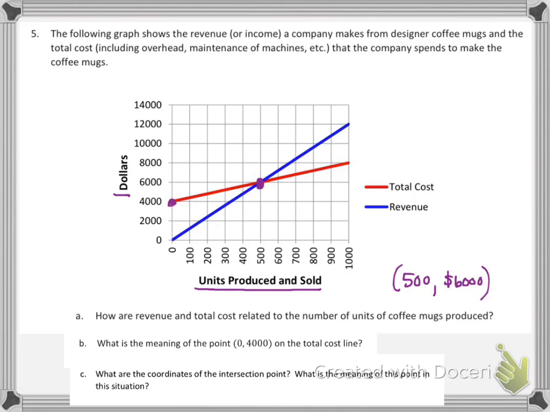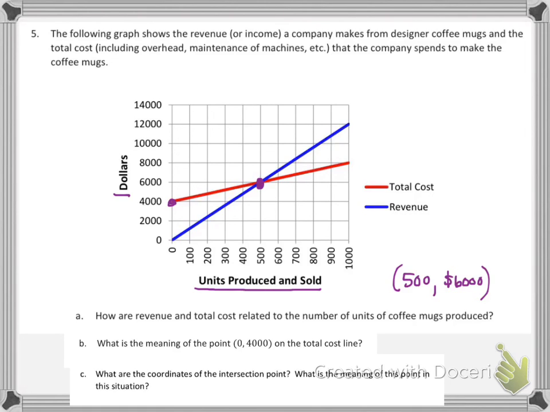Well, we probably need a space to produce our coffee mugs. We may need some equipment to produce our coffee mugs. So before we produce any coffee mugs, there are some upfront costs. That's the 4,000. 0 units produced and still a total cost of 4,000 has to be equipment, retail space, startup costs.